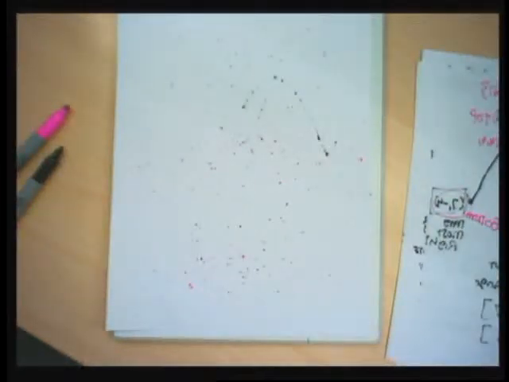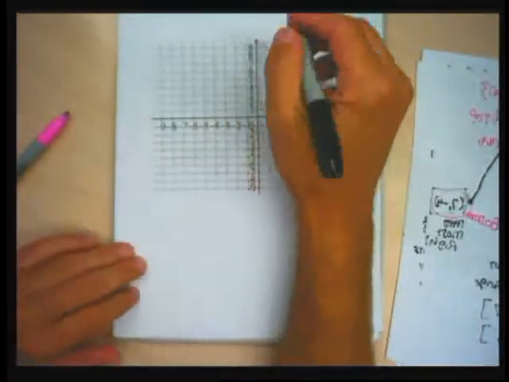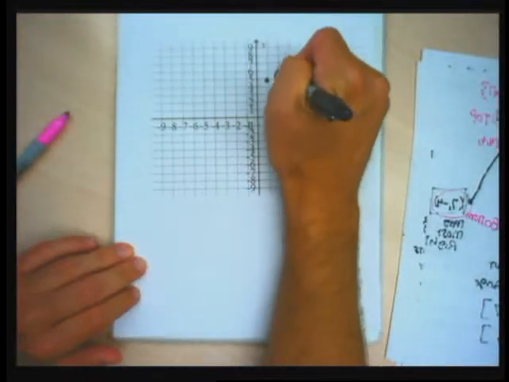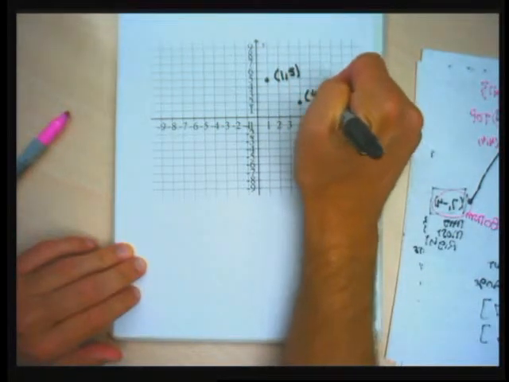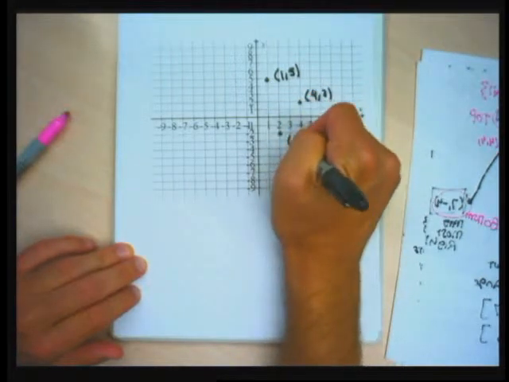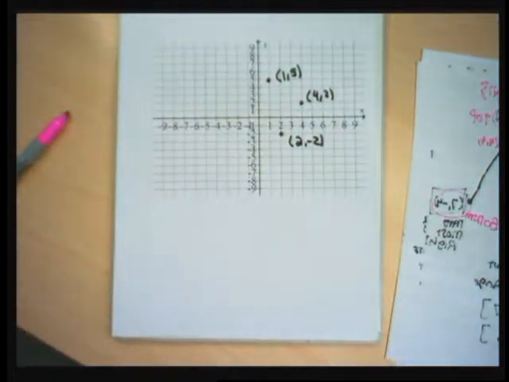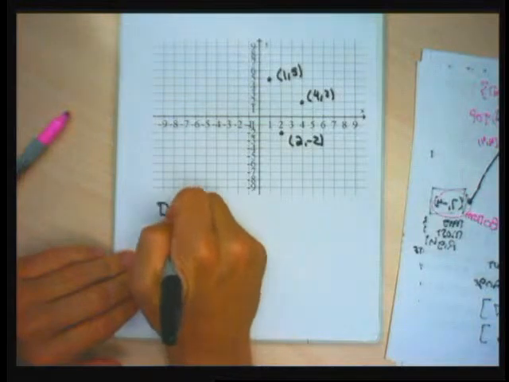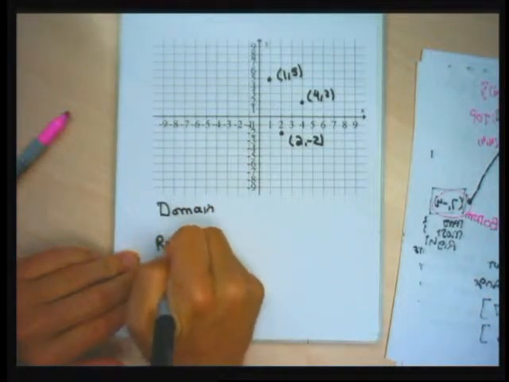Let me make up a couple more problems. So find the domain and range of this. So if this was a test question and it said find the domain and find the range, again, this is not from the handout.